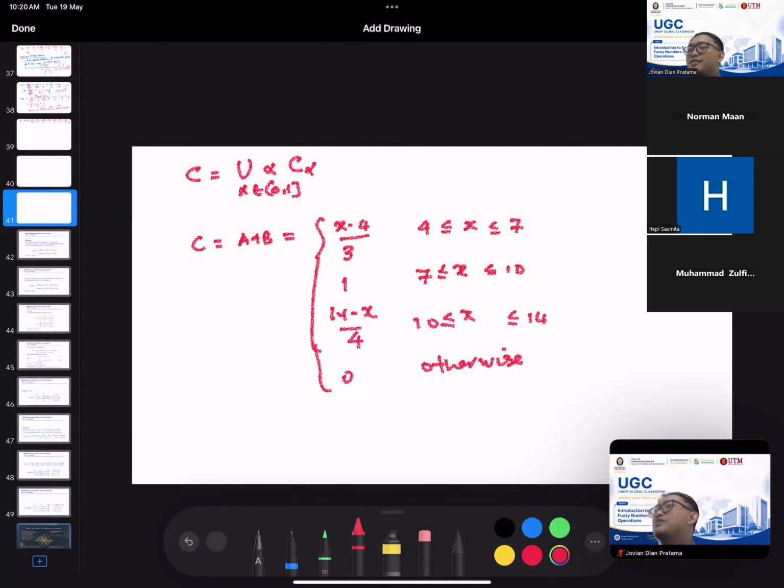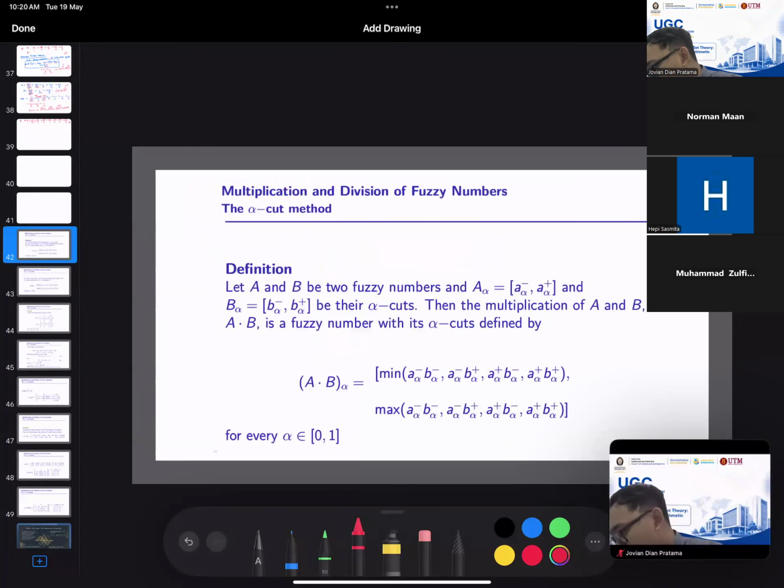For subtraction of trapezoidal fuzzy numbers, you do the same procedure, but you need to be careful when you're finding the subtraction of two alpha cuts. So I just gave a little refresher of what we did yesterday, but using another type of example, which is the trapezoidal fuzzy number.